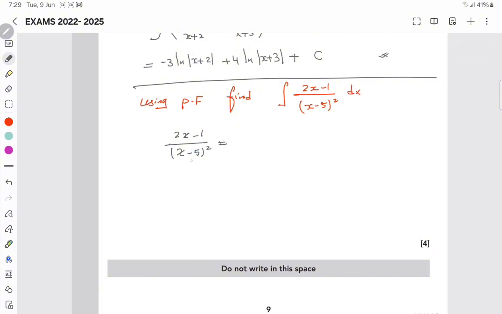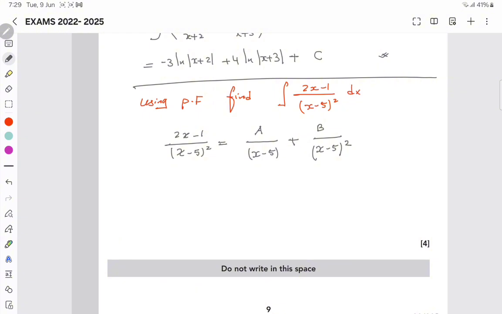I have one linear factor repeated 2 times, so I will do 2 fractions. The first fraction takes the first factor, x minus 5 to the power 1. The second one will be x minus 5 to the power 2. What if I have 3? It will be the third one, x minus 5 to the power 3. It's counting. And up I have a and b to be found.